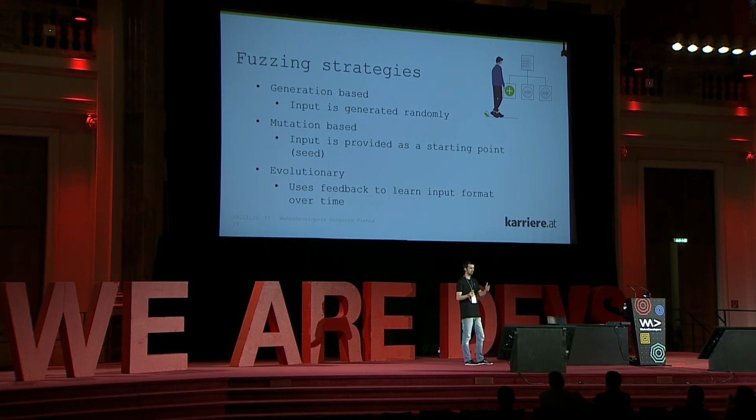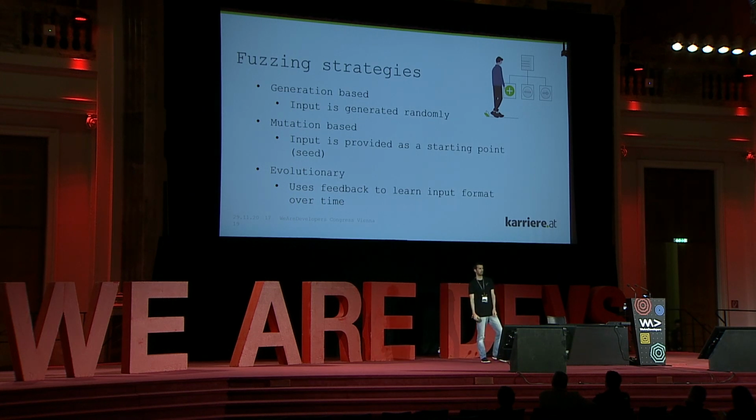A generation-based fuzzer would typically start, if we are fuzzing a JSON parser, with the number 0 until number 9, then it would pick the strings A to C, then it would test all special characters, and so on and so on. This approach takes a lot of time, since the fuzzer has to build an input that is meaningful for our software.